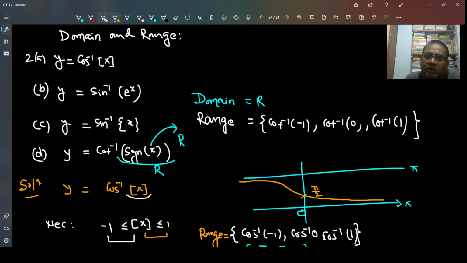Now the value of cot inverse of minus 1: minus 1 will look like here. For this value you have some height here, and for this you have some point on this one.